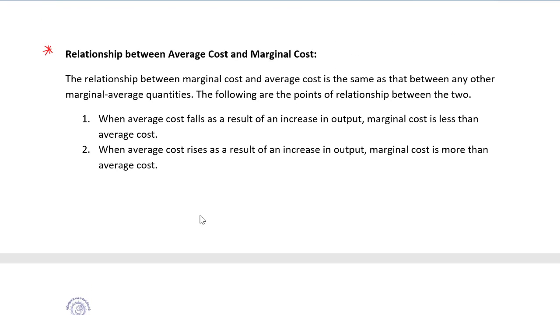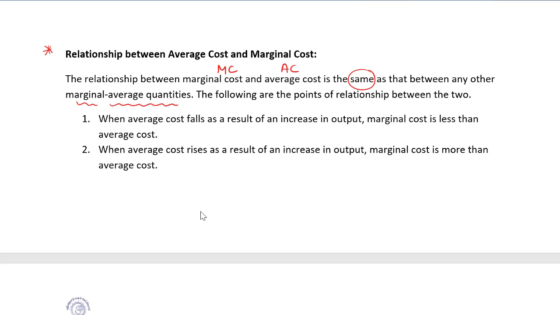The relationship between marginal cost and average cost, that is MC and AC, is the same as that between other marginal and average quantities. The following are the points of relationship between the two. First, when average cost falls as a result of increase in output, the marginal cost is less than the average cost.